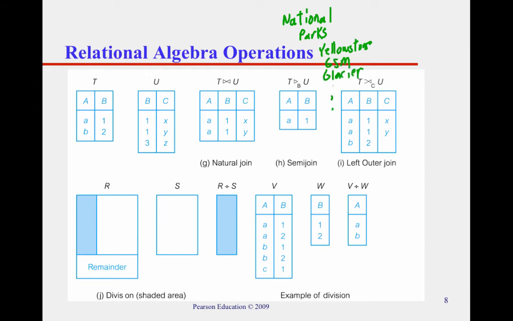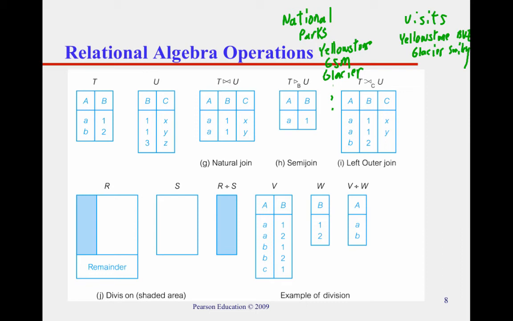And then I have visits. So it might have Yellowstone, BVZ, Glacier, Smiley, and so on and so forth. And what I want is a query that says list all visitors who have visited all national parks.